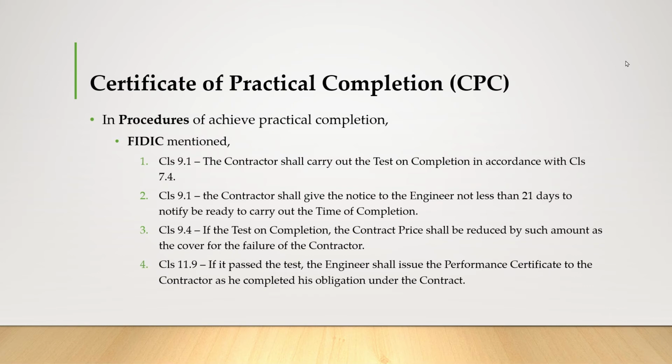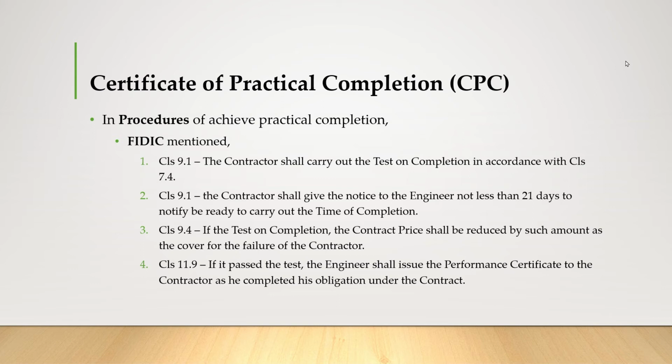So in FIDIC, the procedure to achieve practical completion is stated in clause 9.1. The contractor shall carry out the tests on completion in accordance with clause 7.4. Also in clause 9.1, the contractor shall give notice to the engineer not less than 21 days before he is ready to carry out the tests on completion.